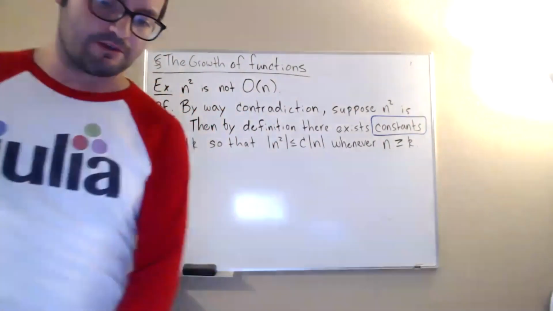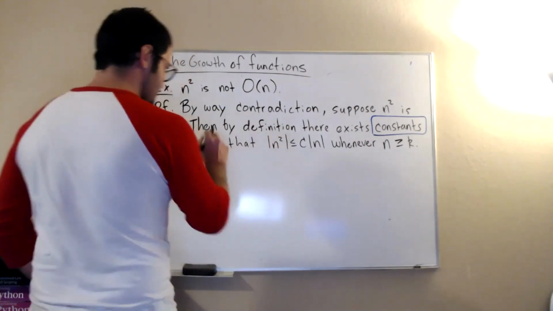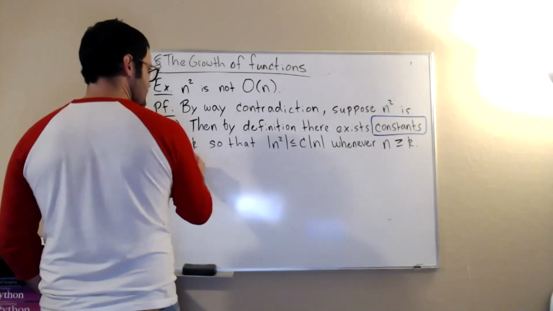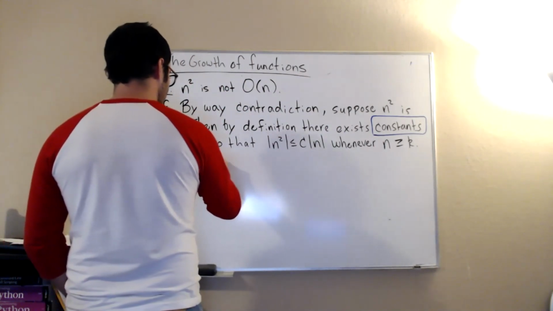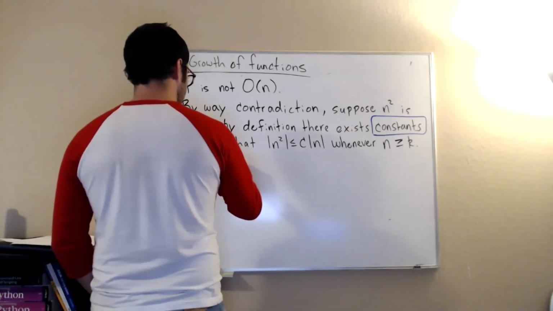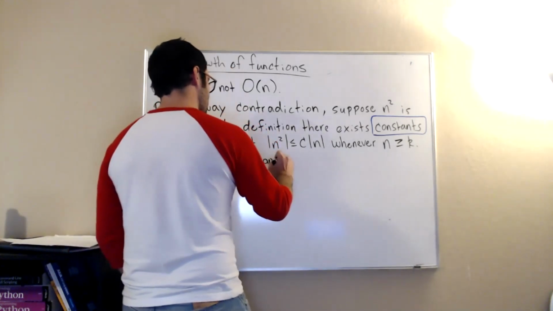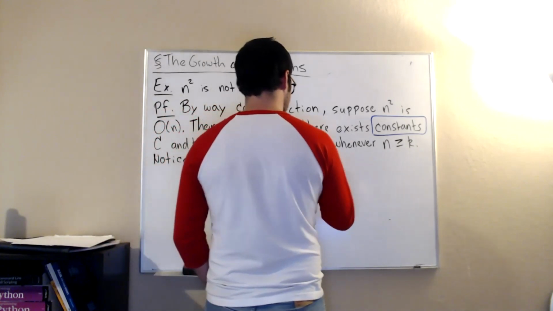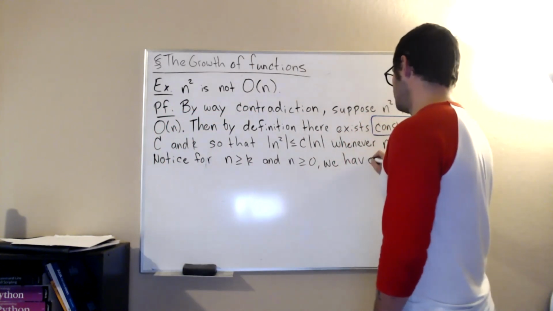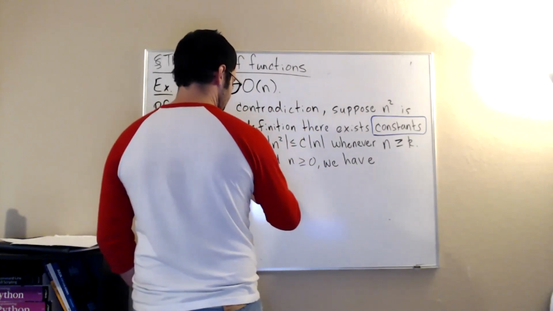And so notice that for n greater than or equal to k and n greater than or equal to 0, we can drop the absolute values, in other words.